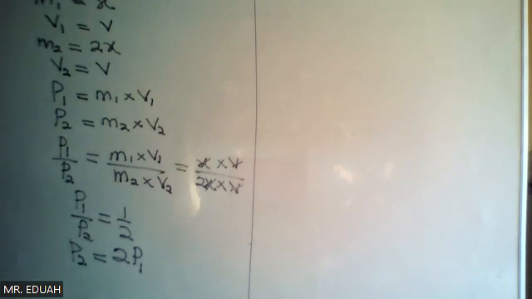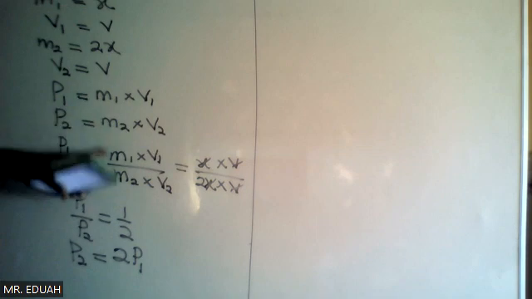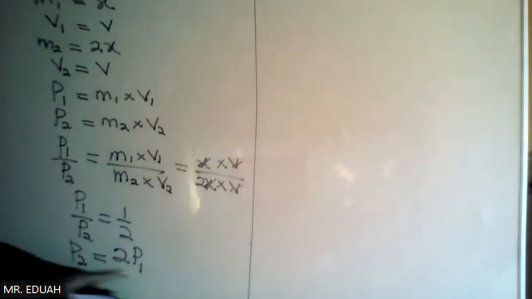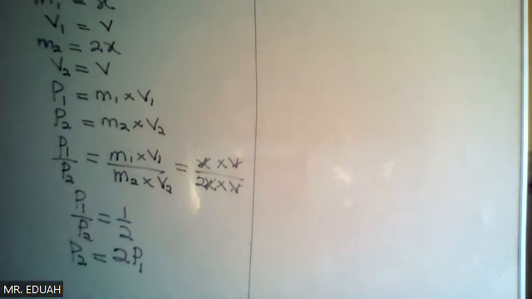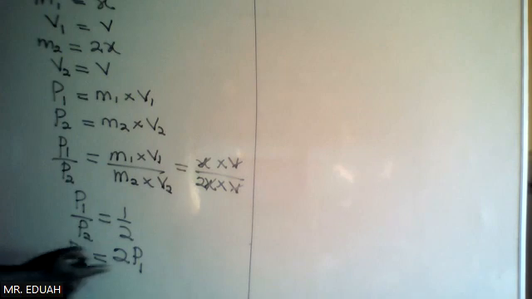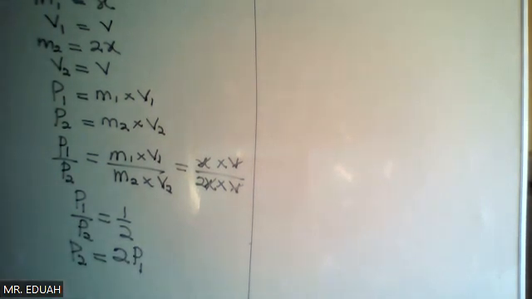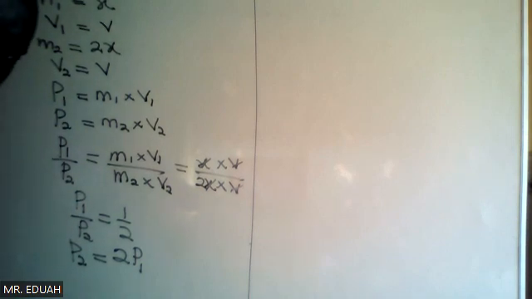Meaning if you double the mass, momentum would also double. So the new momentum obtained is equal to 2 times the initial momentum. Please, are we okay? Ishra, are you fine?